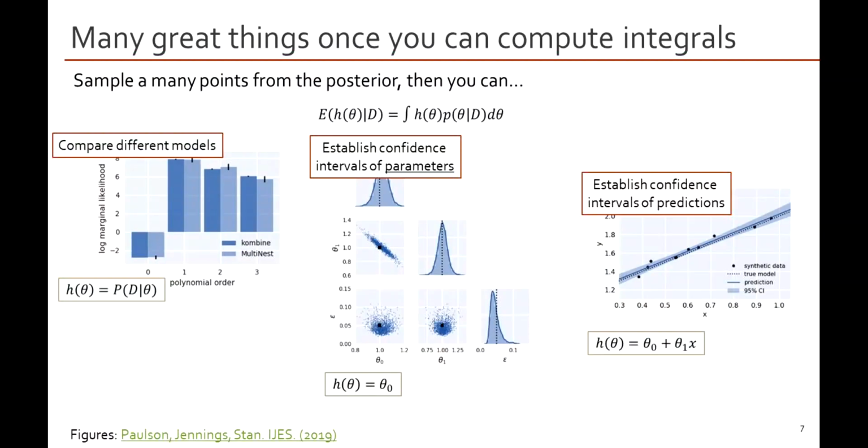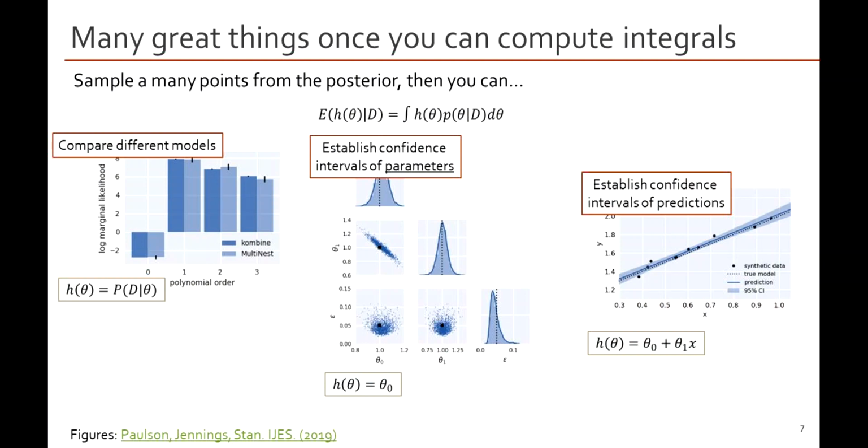Now, once you have this ability to generate samples from your target distribution, you can do a lot of clever things. These are all solving different versions of that so-called marginalization integral we described earlier, where I can pick different identities for this function h of theta, and extract interesting information like how likely I should expect my model form to be.